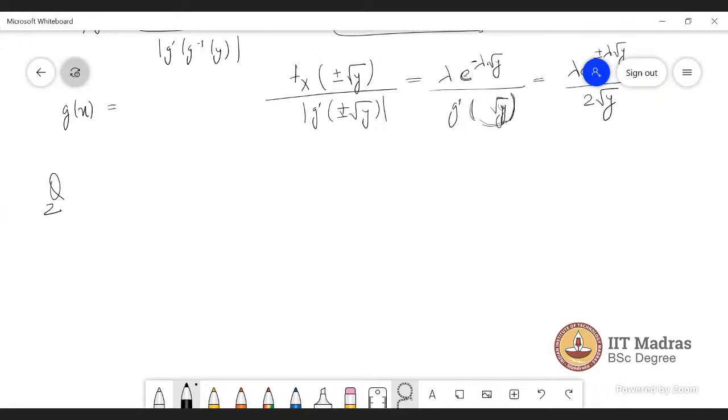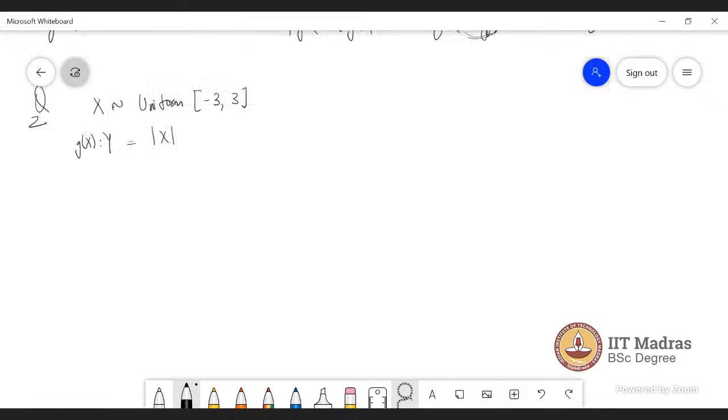So you have x uniform in -3 to 3, and y is defined as mod of x. So this is your g of x that is defined as mod of x. So how do we find this?